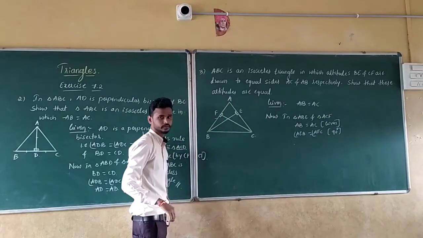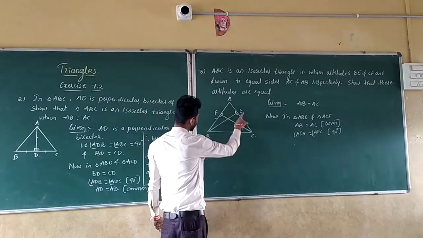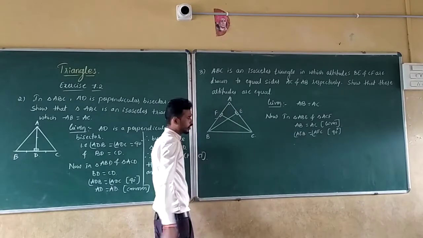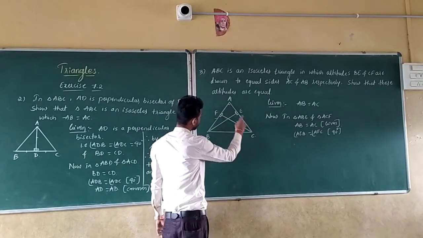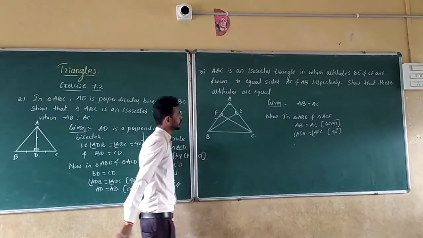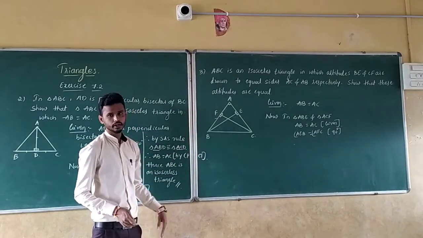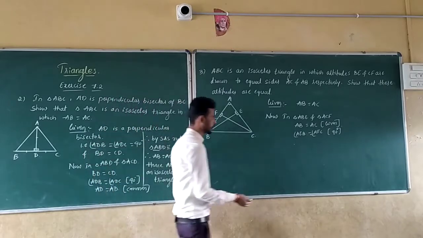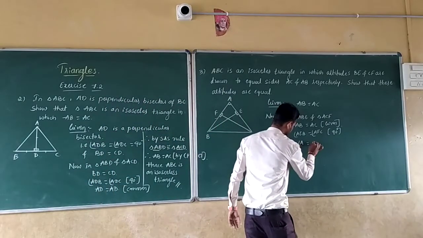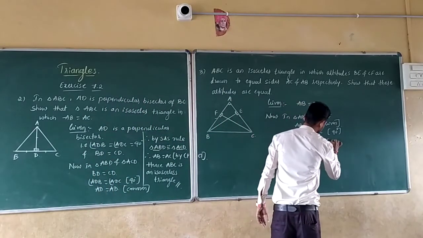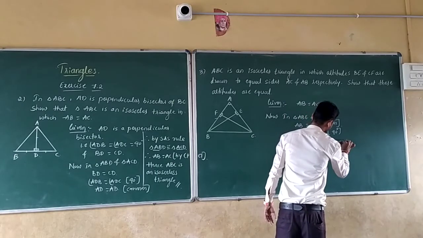And next, in triangle ABE angle A is there, and in triangle AFC angle A is also there. So angle A is common for both triangles. Write angle A equals angle A, common angle.